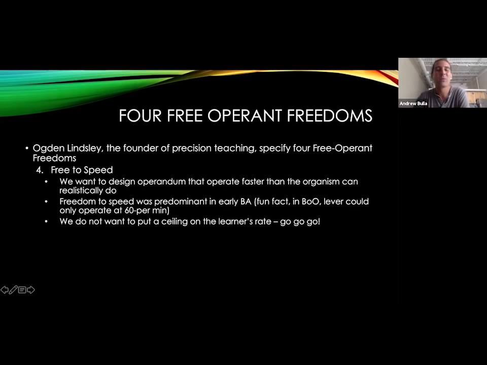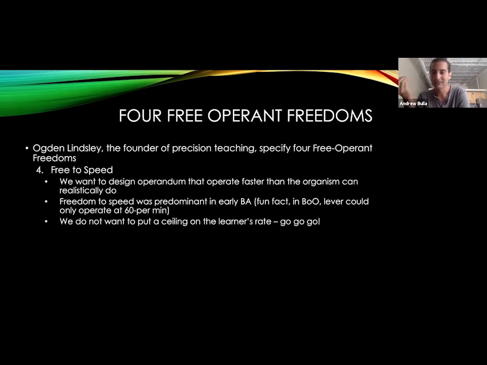And lastly, Fast and the Furious. So the learner's free to speed. So we want to design our operandum, we want to design our instructional materials so that they operate faster than the organism can realistically do. So free to speed was predominant in early behavior analysis.